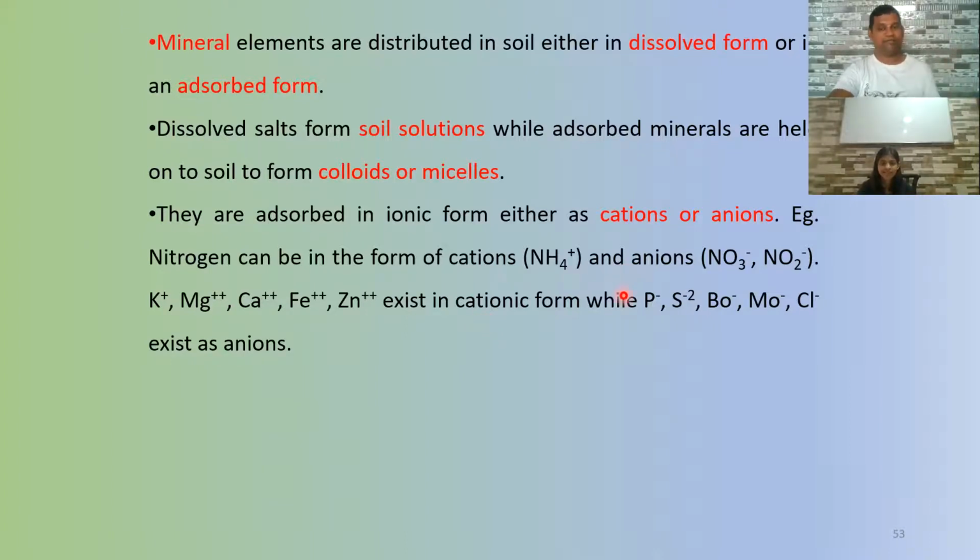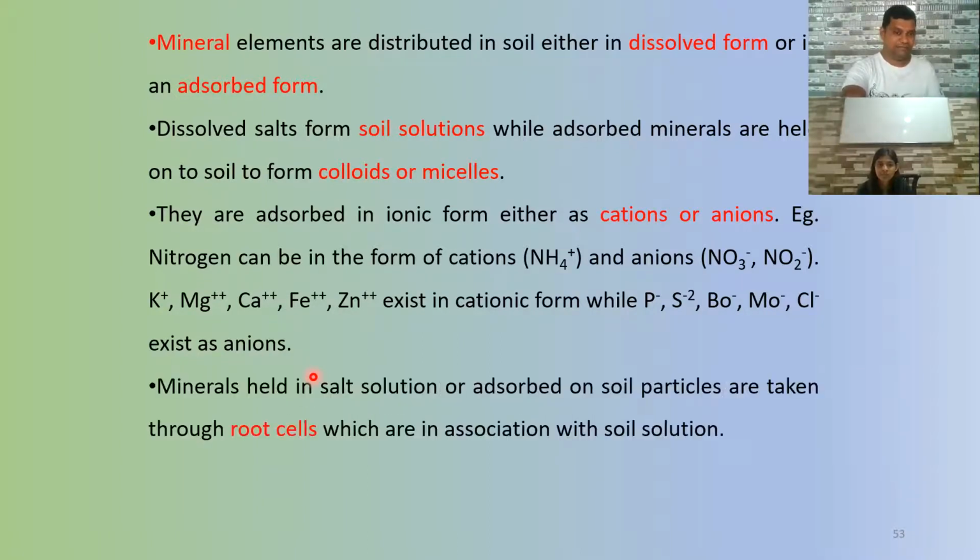And anions के form में you are having nitrate, nitrite, phosphate, sulfur, boron, molybdenum. They exist as anions. Elements plants के लिए जरूरी हैं, and they have their own functions. Soil में according to the availability, along with the water, they will be entering the plants.